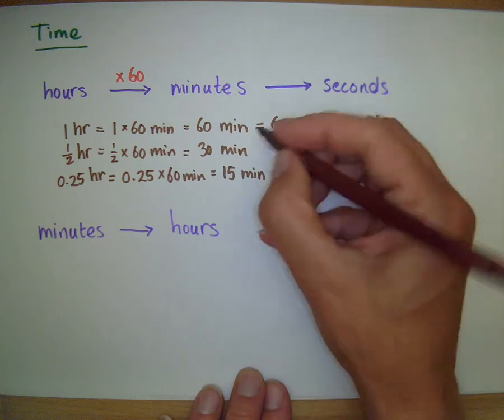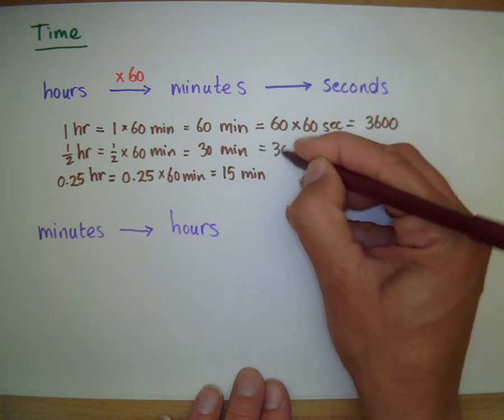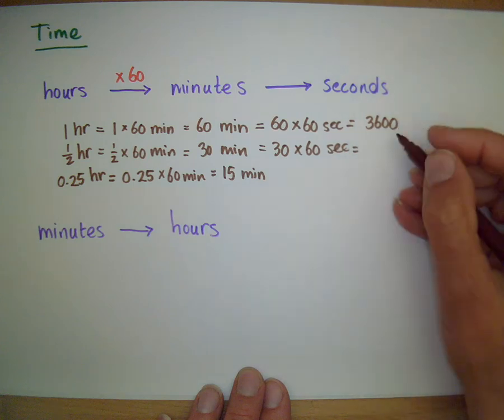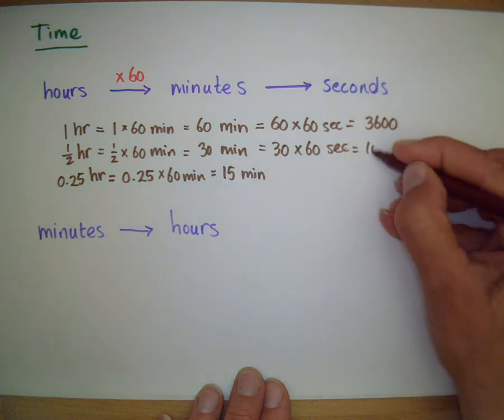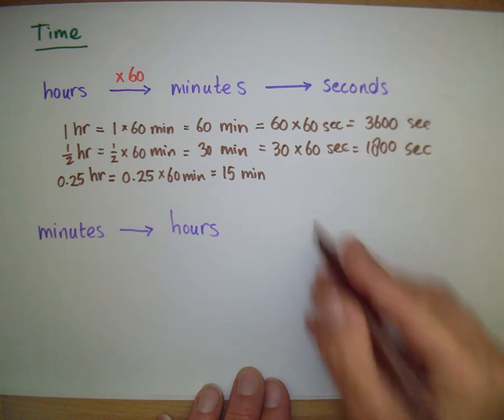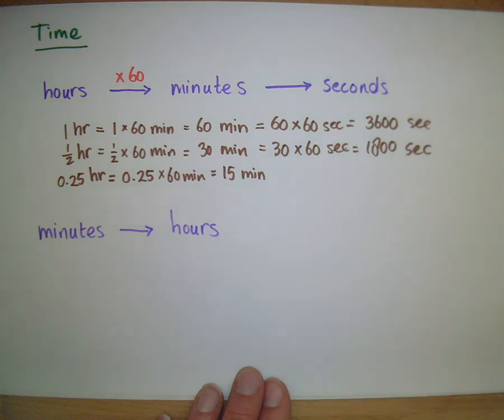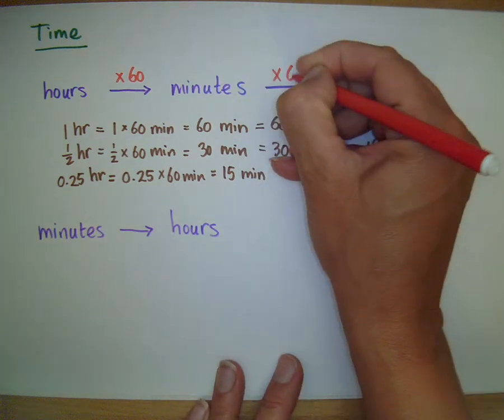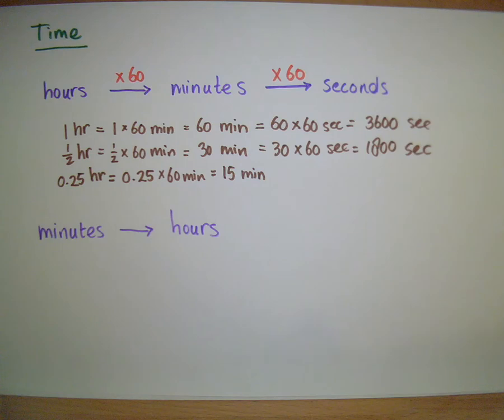We could do the same here. 30 minutes is then 30 times 60 seconds, which is 1,800 seconds, right? Etc. So going from minutes to seconds, we also multiply by 60.